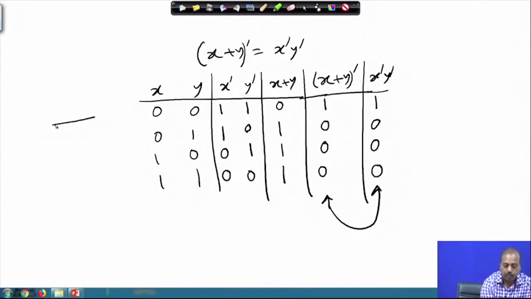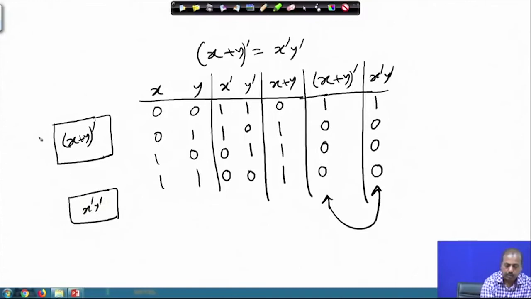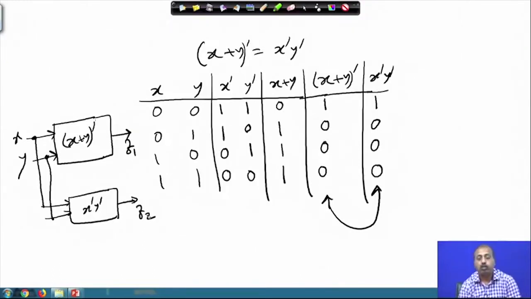If I have two functional blocks, one computing x plus y bar and another computing x bar y bar, and I give the same values of x and y to both of them, then the outputs f1 and f2 will always be the same, because this truth table says so.